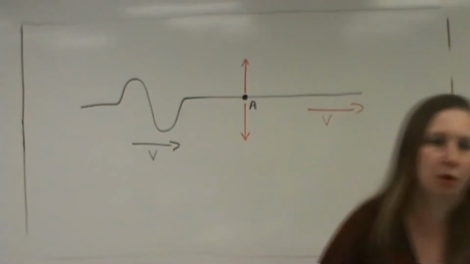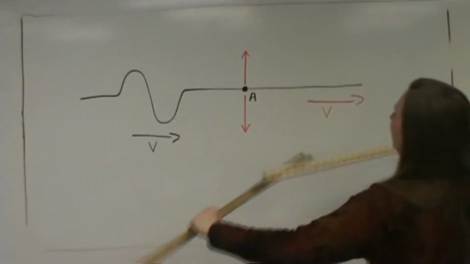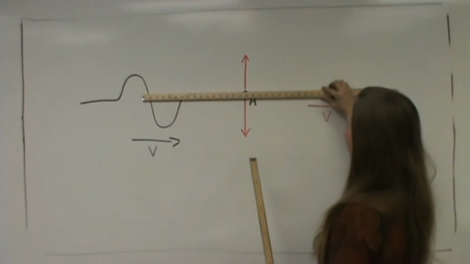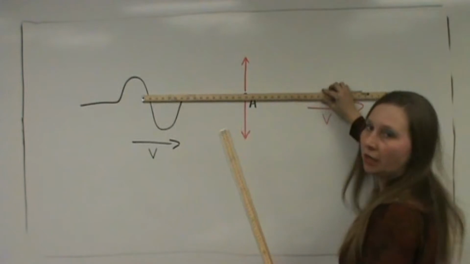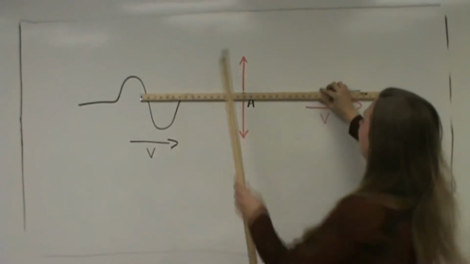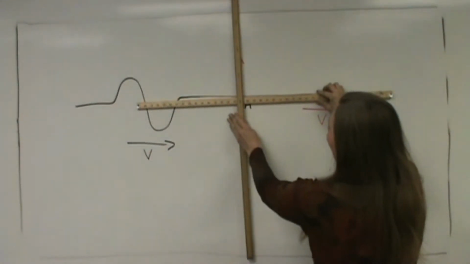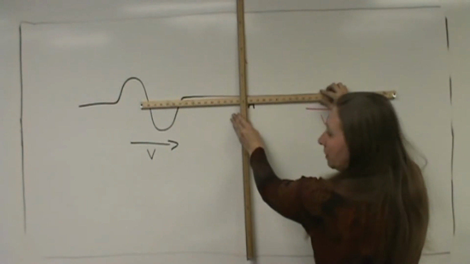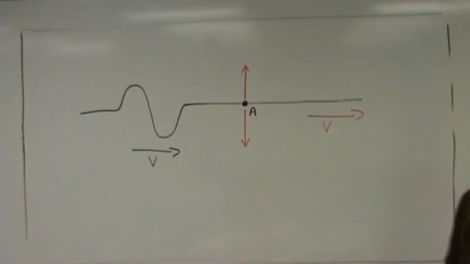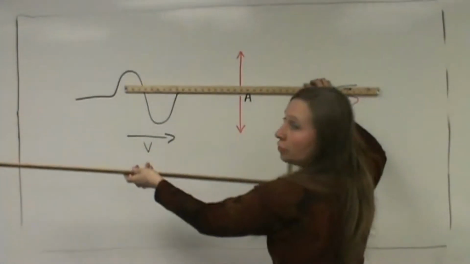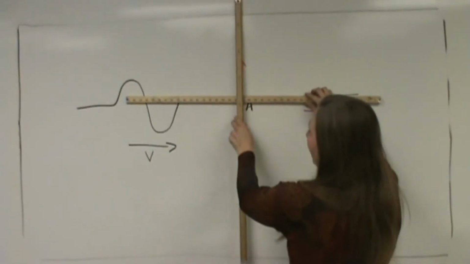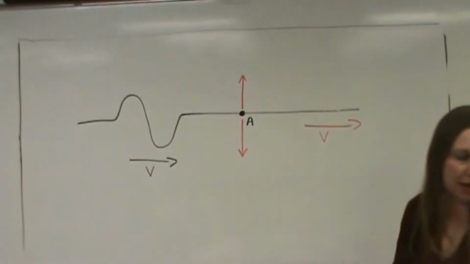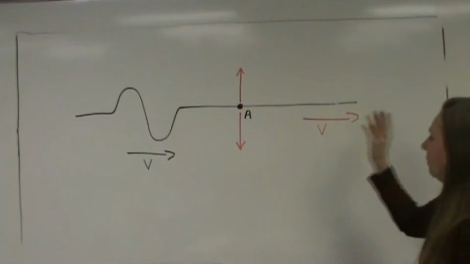Let me show you perpendicular. The wave is traveling in this direction, to the east or to the right, and it's vibrating perpendicular, up and down. Now the wave could also be traveling to the left, and it would still be vibrating up and down. But this particular wave, we've said, is traveling to the right.